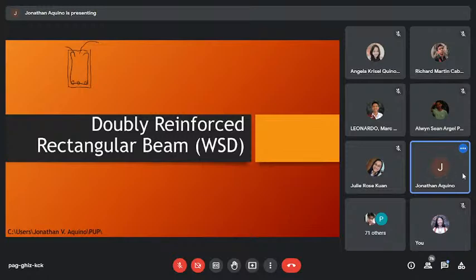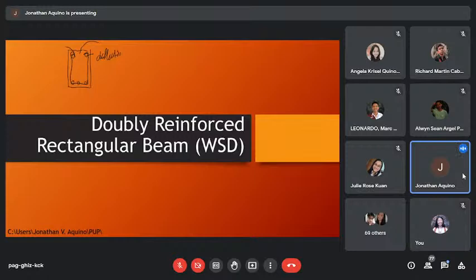Okay? Second, the top bars or the compression bars will serve as additional capacity of the section, especially if you're going to consider deflection.